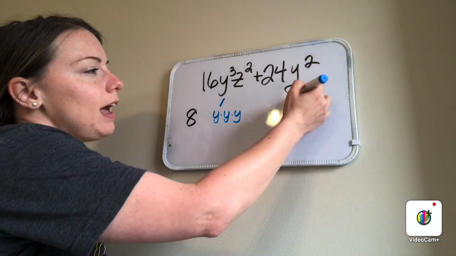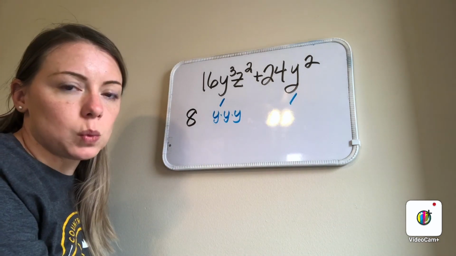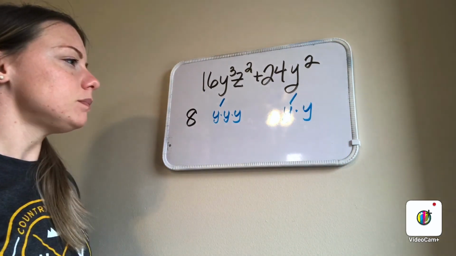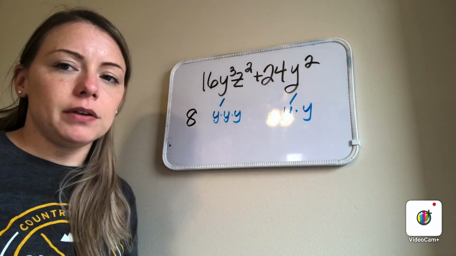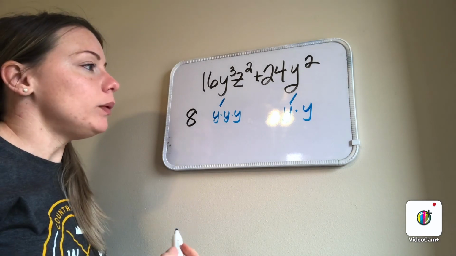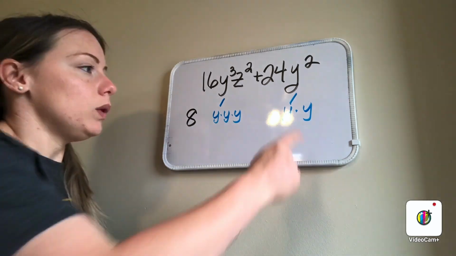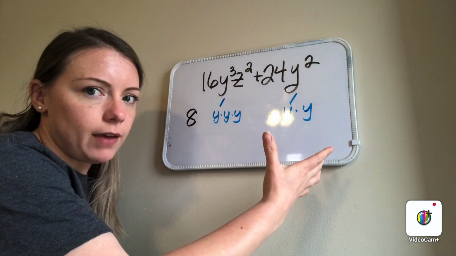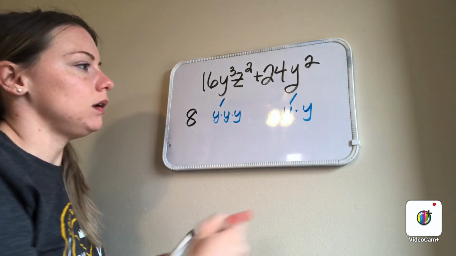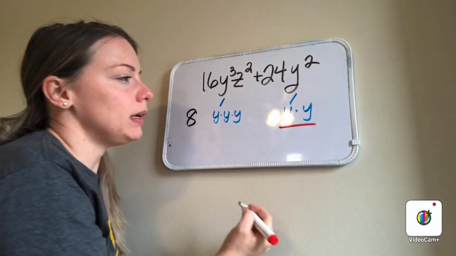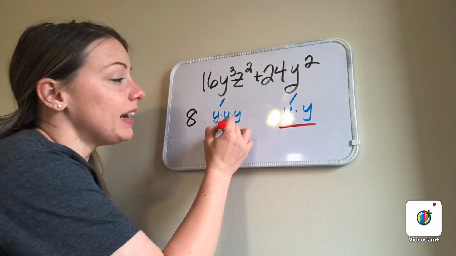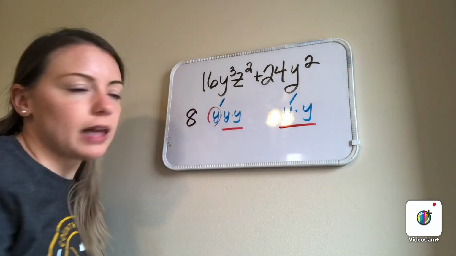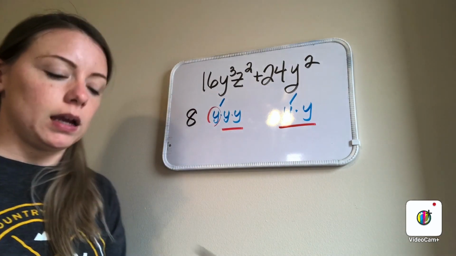And my other y term, y squared, is y times y. When I'm factoring out a variable, I look for the smallest amount, and that's the greatest common factor, because I have y times y in y squared and I also have it in y cubed. I just have something left over, and that's perfectly fine.